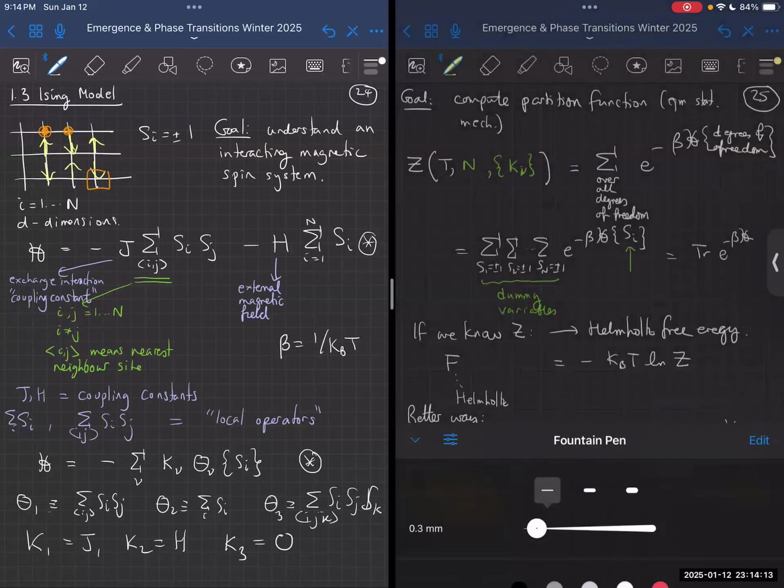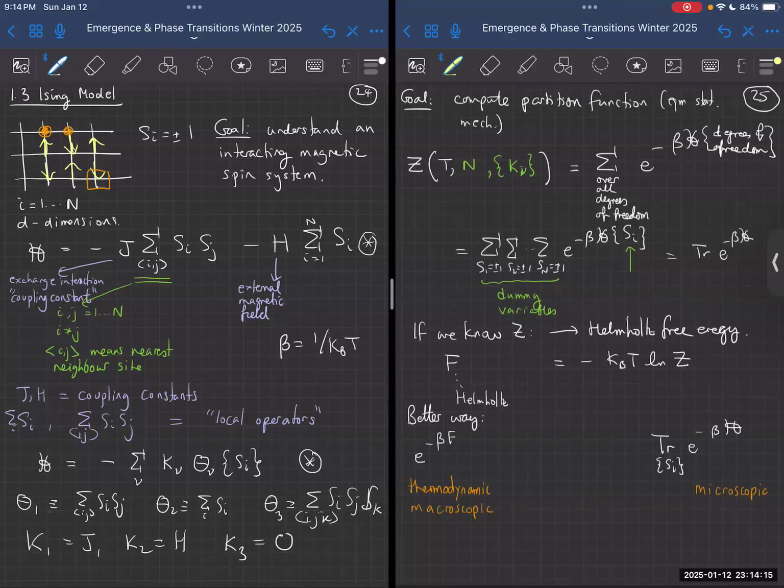And that's true. You can write down an intermediate level of description, which I'm going to write mysteriously like this.